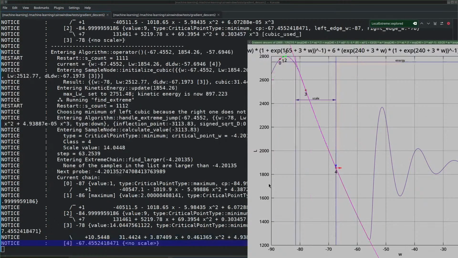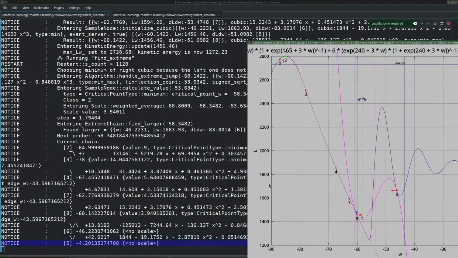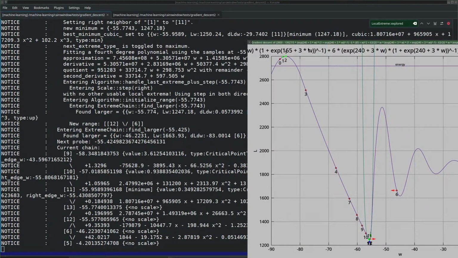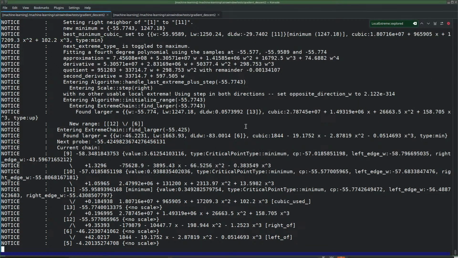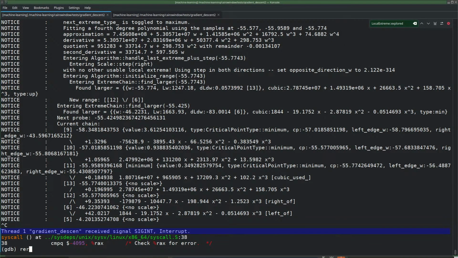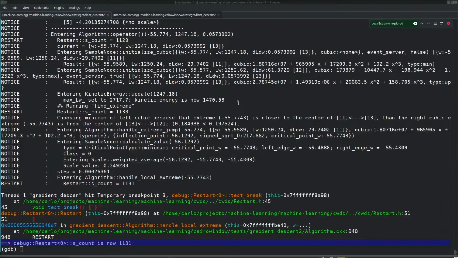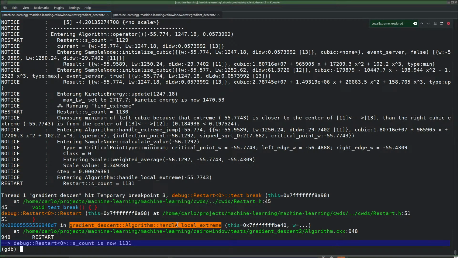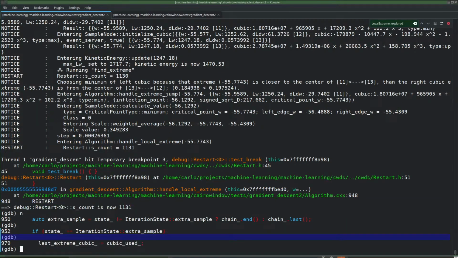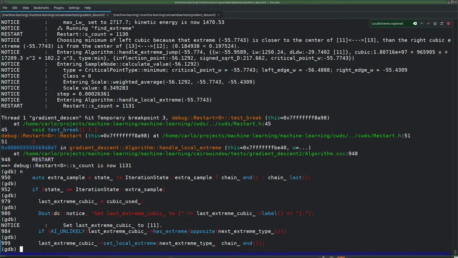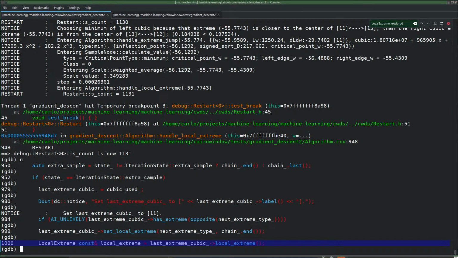So let's go to entering that function. You just entered local extreme. Handle local extreme. Set local extreme.